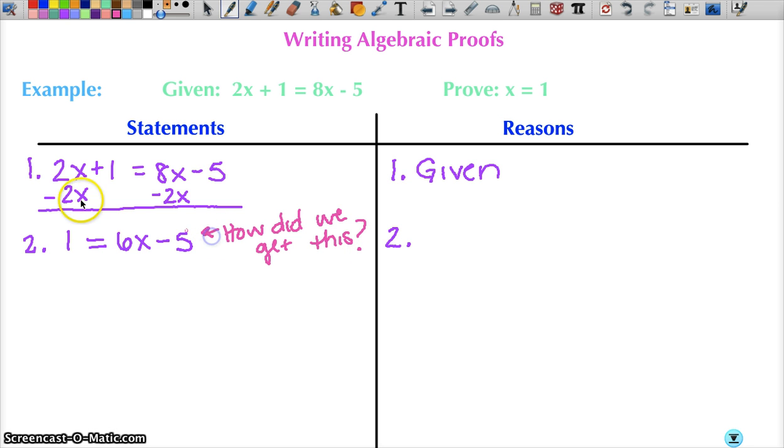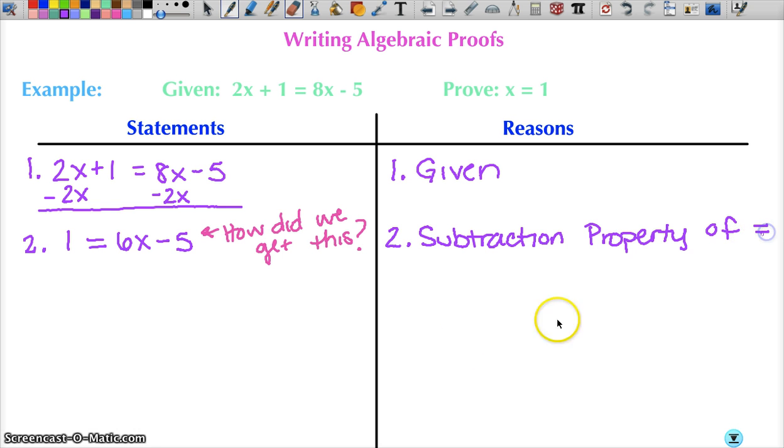So if I covered this up, if I were to erase everything that I wrote and only had these steps right here, the question is, how in the world did I get from step 1 down to step 2? Well, the way that we were able to do that was by using the subtraction property of equality.